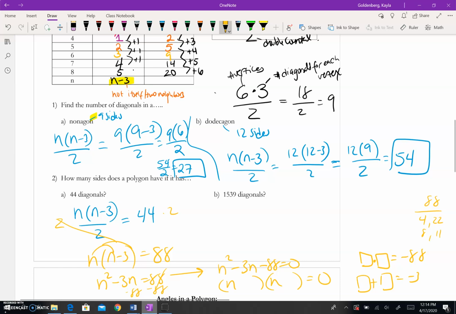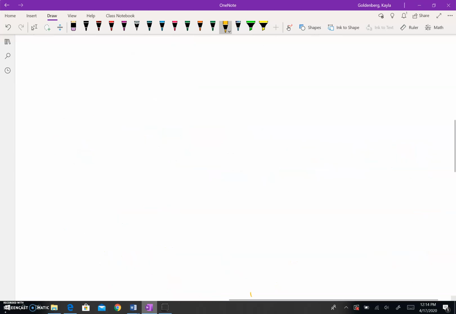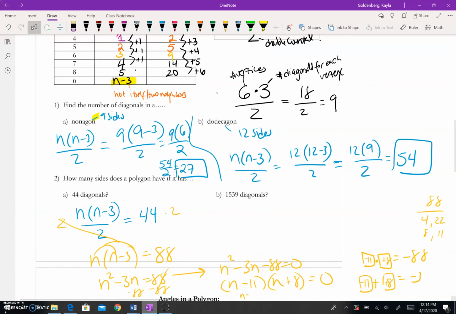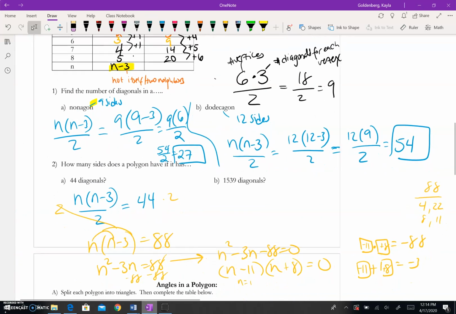If I want it to be a negative 3, I should make the 11 negative and the 8 positive. So it should be n minus 11 and n plus 8. Remember, you want what makes that 0. So a positive 11, n equals positive 11, and n equals negative 8. Negative doesn't make sense, so it was 11 sides.